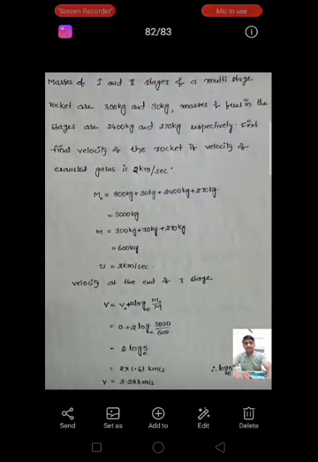Now let us see one problem. The masses of two stages of rockets are 300 kg and 30 kg, and the mass of fuel in the stages are 2400 and 270 kg. Find the final velocity of the rocket if the velocity of gases exhausted is 2 km per second.